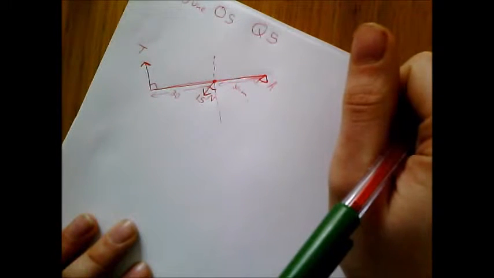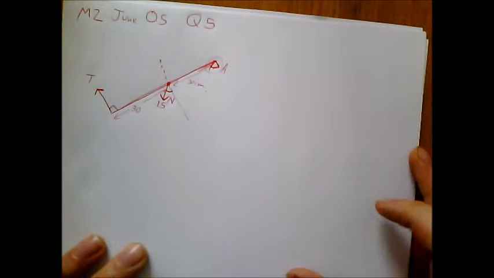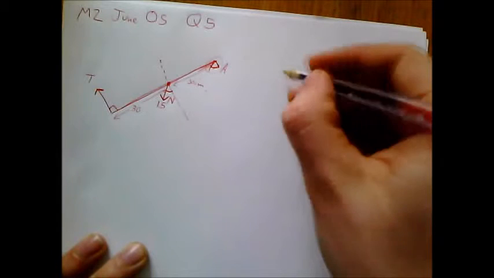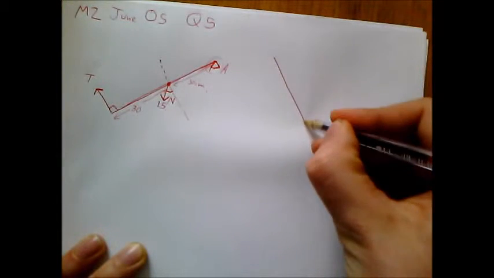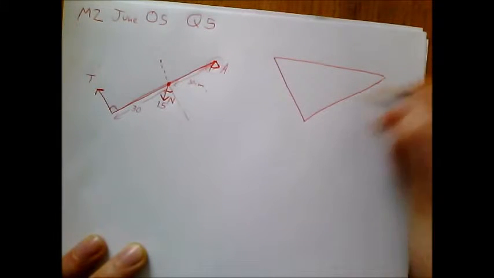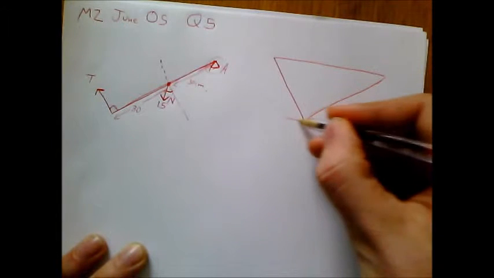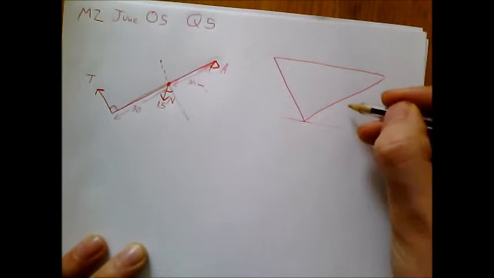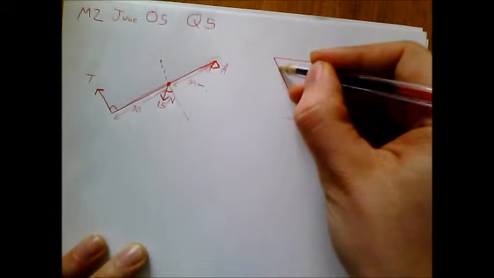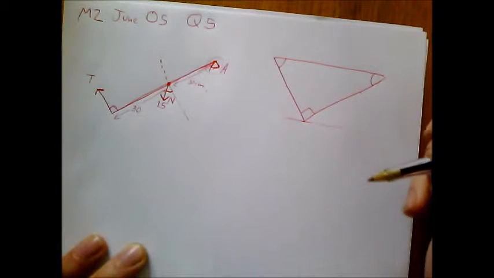So, what information do we have? We've got length, so now I can draw some separate force diagrams if I need to. So, I've got a triangle that looks a bit like this. I'm just going to put in my horizontal bits here. I've got angles here, here, and a right angle.